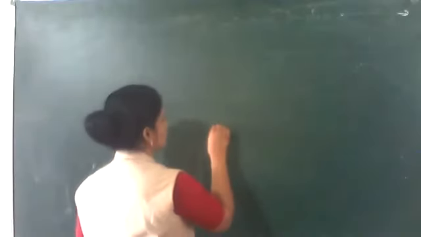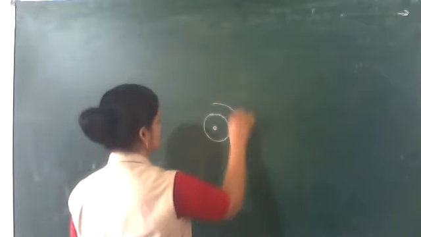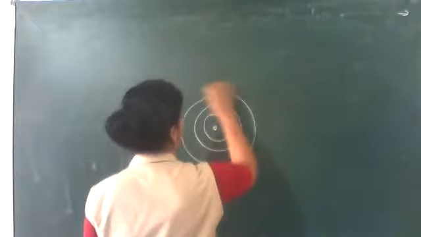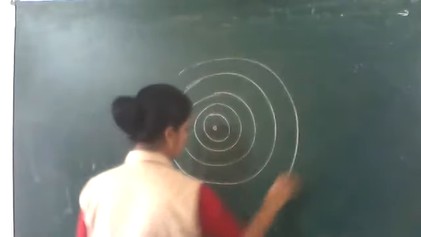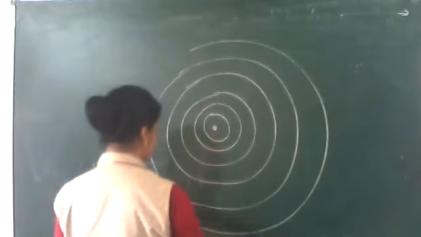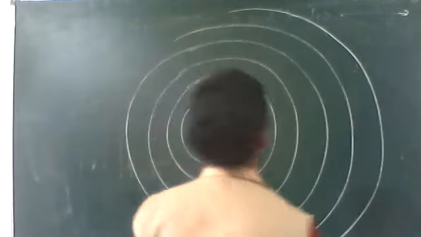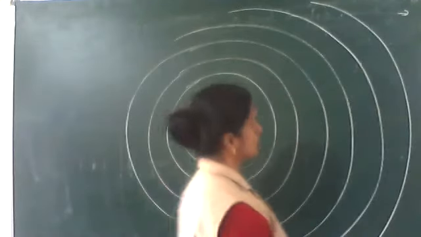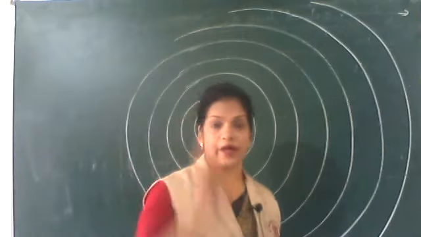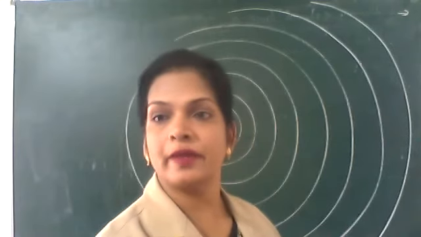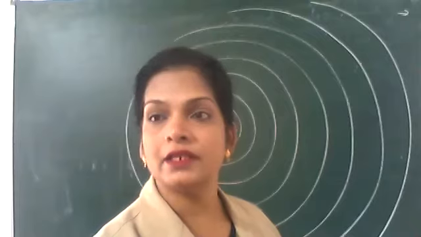And in the Bohr model, we learned that when an electron falls from a higher orbit to a lower orbit, energy is emitted.